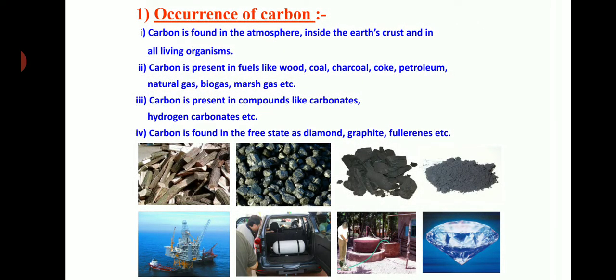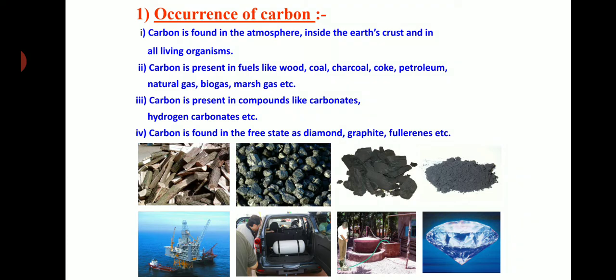As I told you, carbon is present everywhere, but in which form is it present? Carbon is found in the atmosphere, inside the earth's crust, and in all living organisms. Carbon is present in fuels like wood, coal, charcoal, coke, petroleum, natural gas, biogas, marsh gas, etc. Marsh gas is nothing but methane.